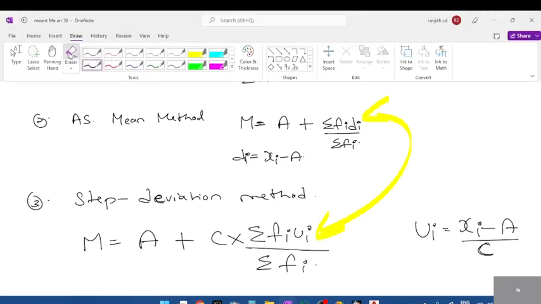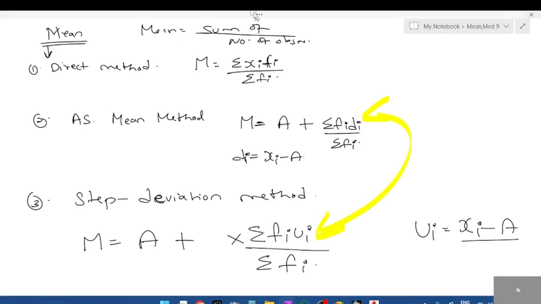Instead of c, take it as h, students. H is the difference.